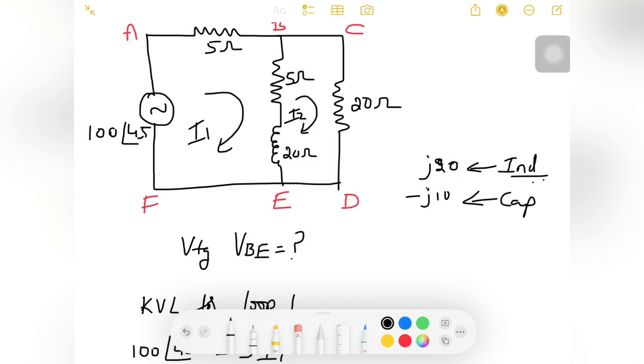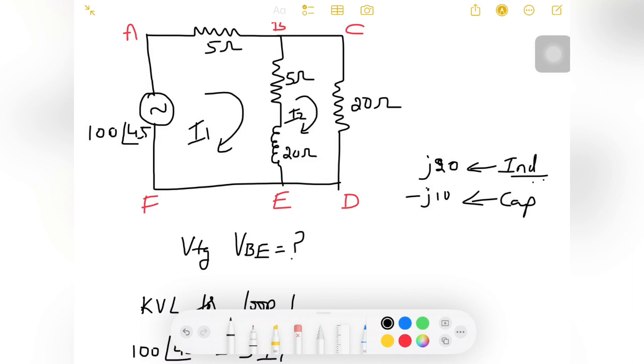The direction of current can be assumed as anything if it is not given. If it is given, you need to consider that direction. I assume the direction of loop currents I1 and I2 as clockwise. So the 5 ohm resistor is where the current I1 will be flowing.